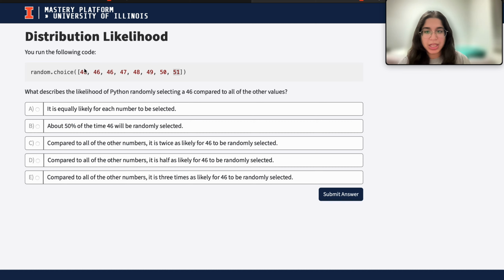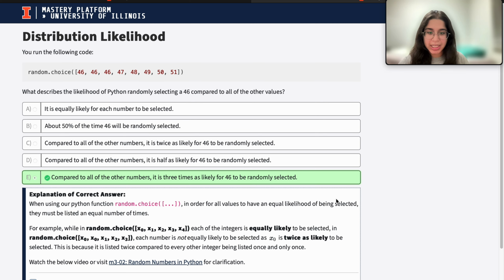So similar to the last one, the likelihood of Python randomly selecting 46 is 3 out of 8, but the likelihood of selecting numbers such as 47, 48, 49, 50, or 51 is 1 out of 8. So 46 is 3 times as likely to get selected than any other number.